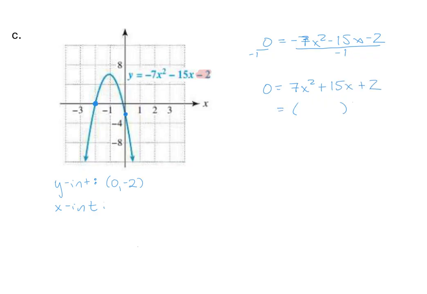All right, when we go ahead and factor this, I know that 2 is 1 and 2. And then I also know 7x squared is 1 and 7. And because we have this x-intercept of negative 2, I know that I don't want my 7 with the 2.